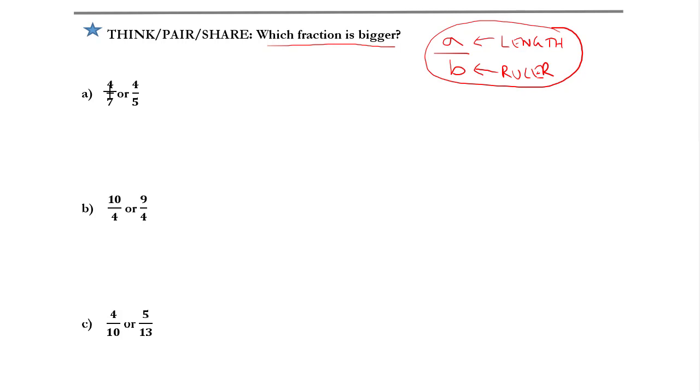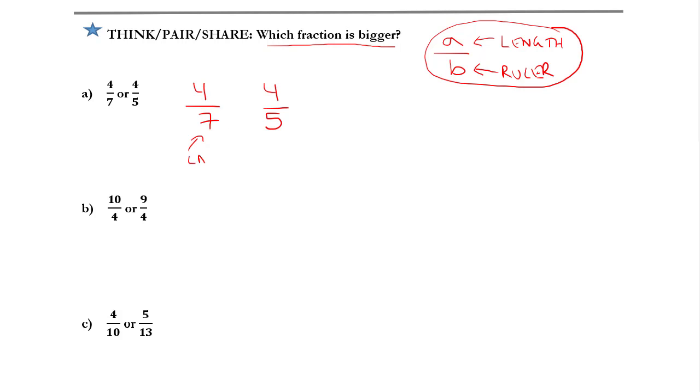Okay, so in this case, notice that we're asked to compare 4/7 and 4/5. I'm going to write them bigger over here, 4/7 over here and 4/5 over here. Using our model, the length that we're measuring is the same for each of them, right? But the ruler is larger for 4/7.